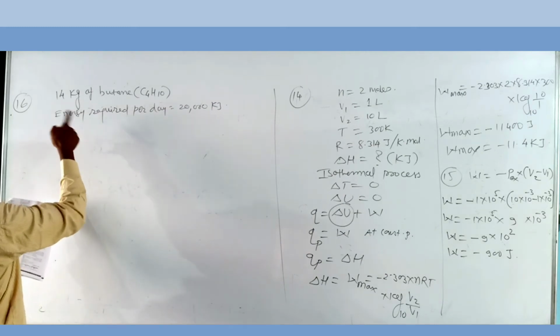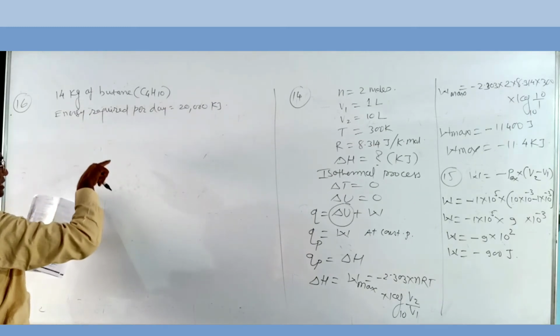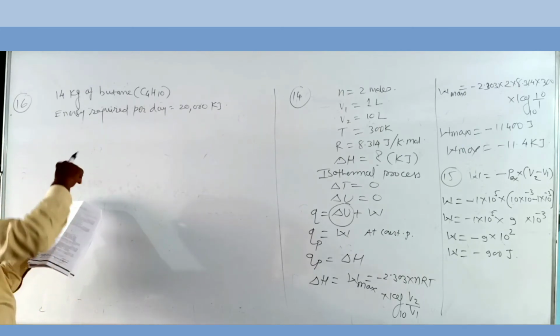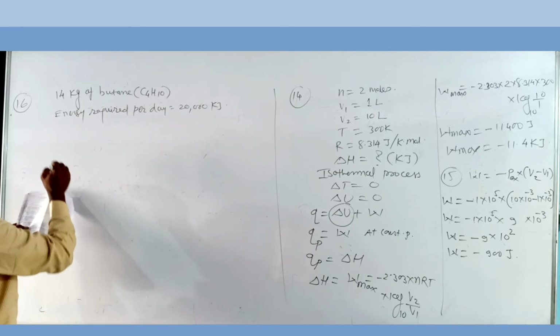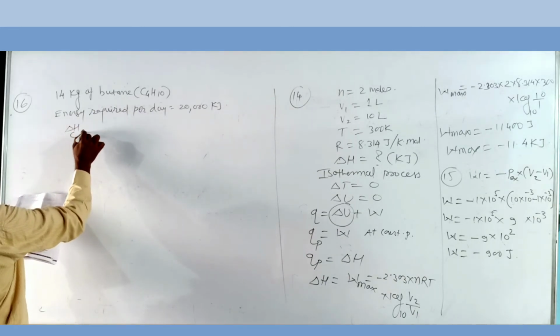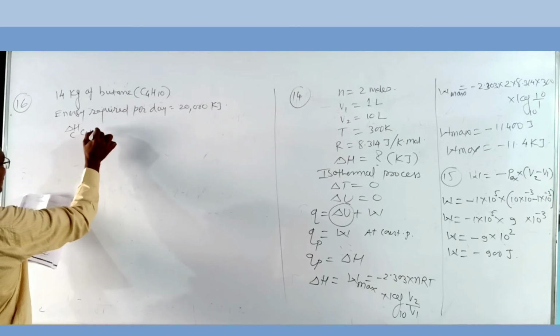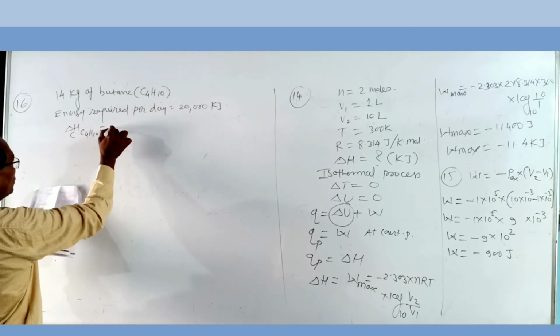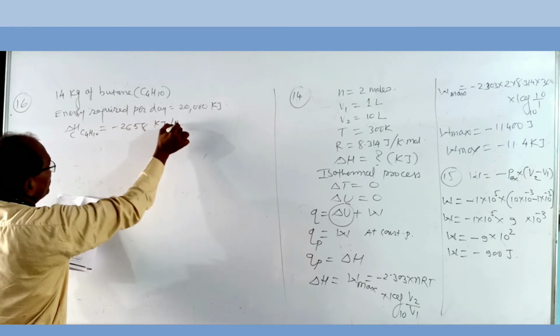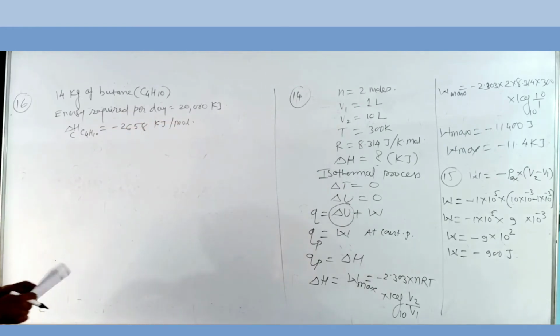That is, butane gas in the cylinder, how many days for the family, and delta HC of C4H10 is equal to minus 2658 kilojoule per mole.